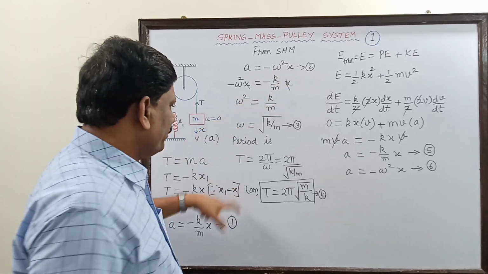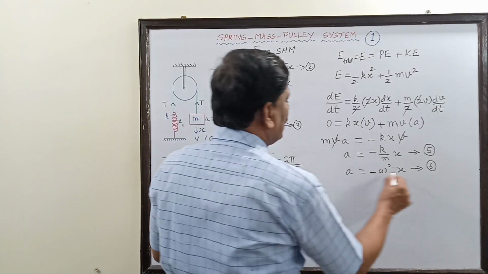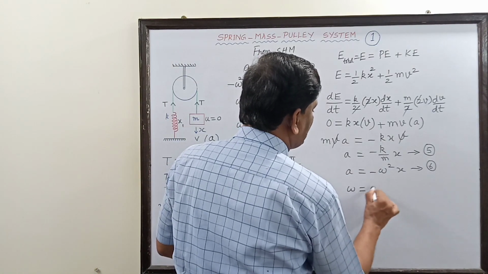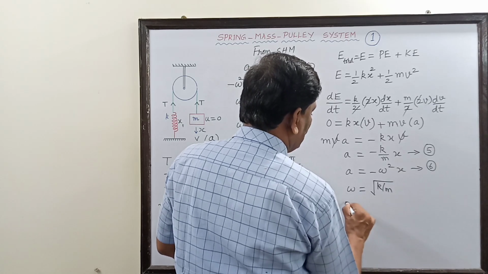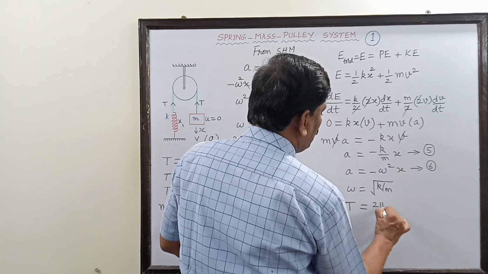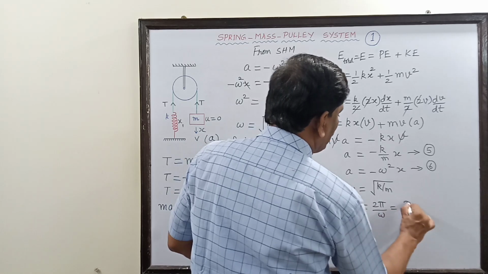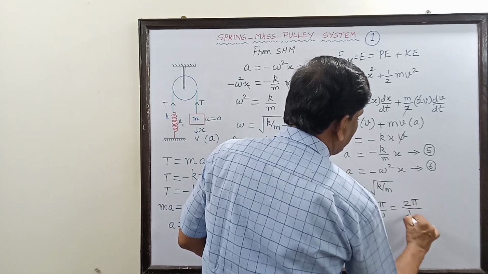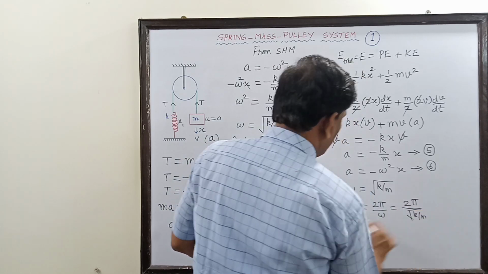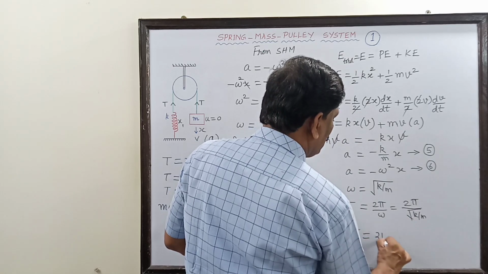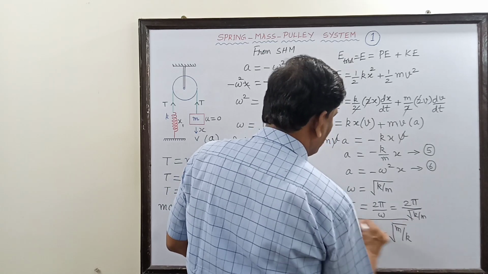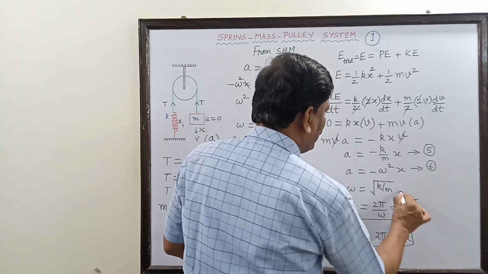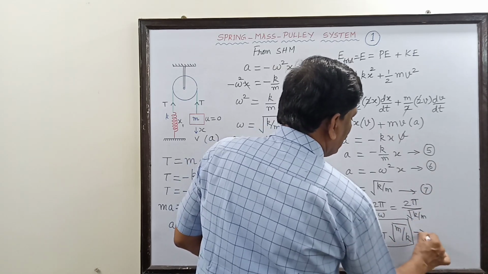Comparing these two, once again I get omega is equal to square root of k by m, and T is equal to 2 pi by omega, which is 2 pi divided by square root of k by m, or T is equal to 2 pi into square root of m divided by k. So the same expression we are getting here also.